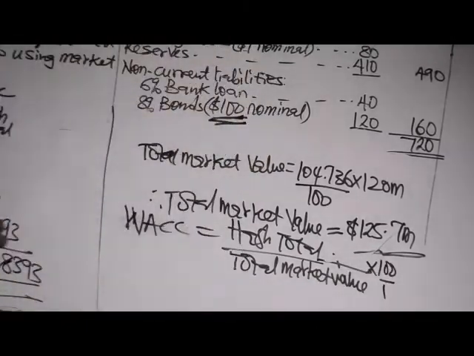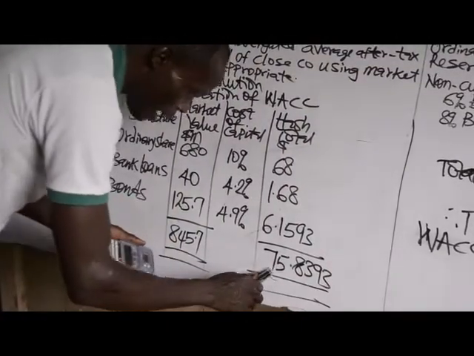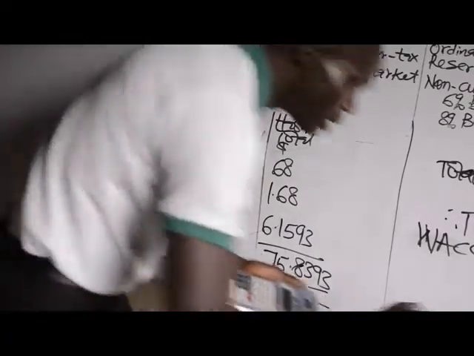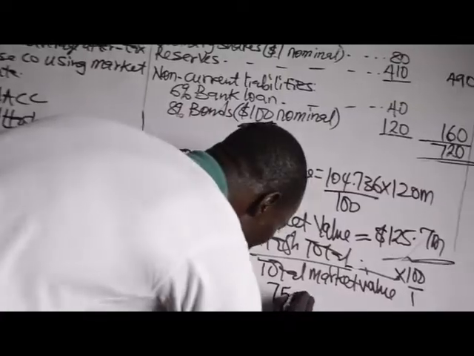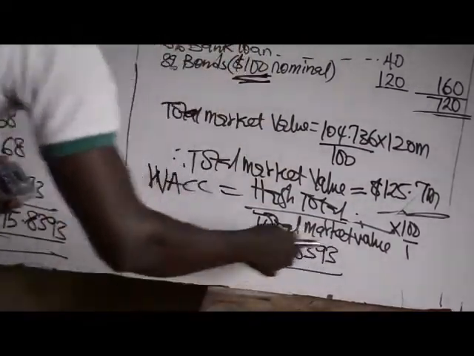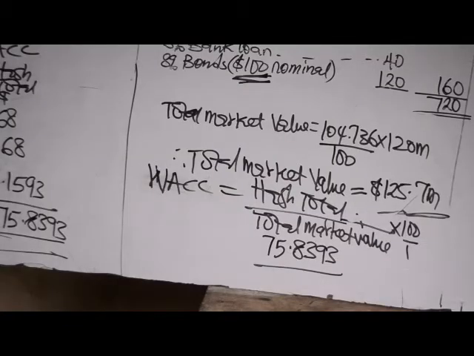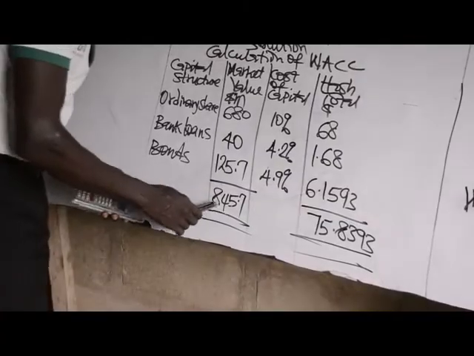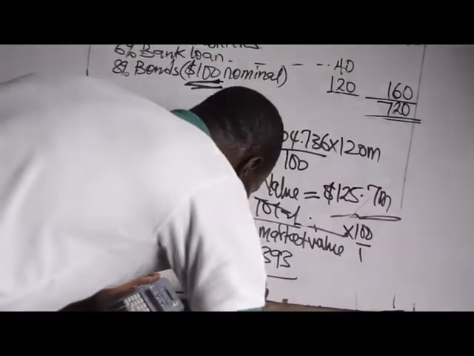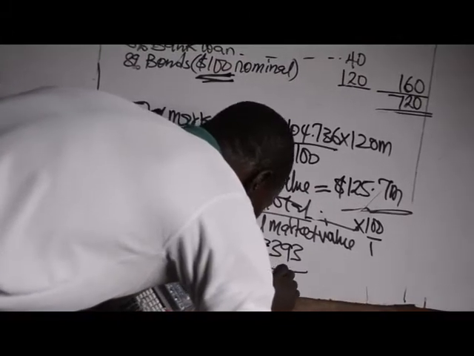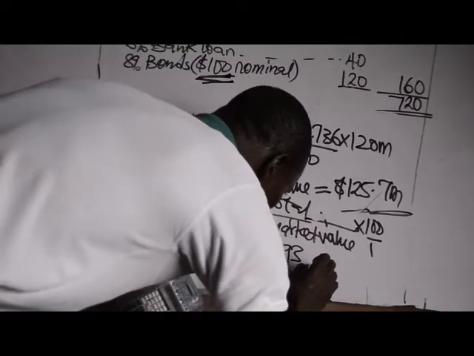Our hard total is 75.8393, over the total market value, which is 845.7, times 100.